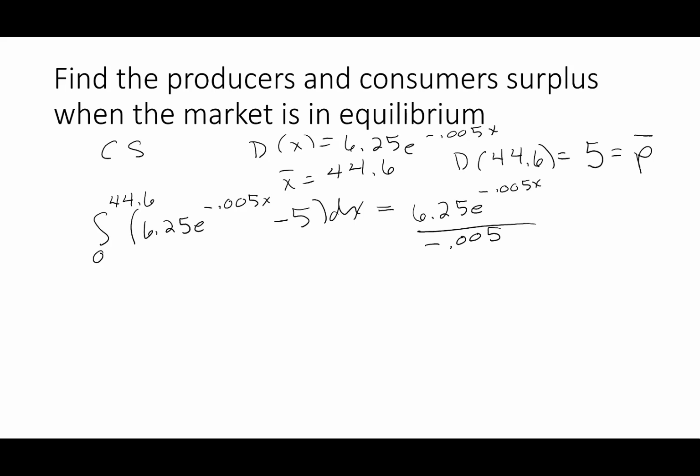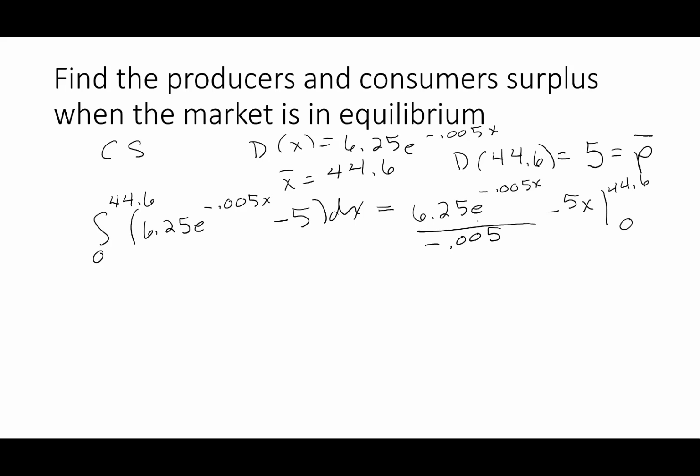We had that little trick for e that said when it was just k times x, we'll divide by k. When I integrate 5, I get 5x. I'm going to plug in 44.6, and I'm going to plug in 0. Now this time, the 0 will not make everything go away, so it's important that you plug it in everywhere.